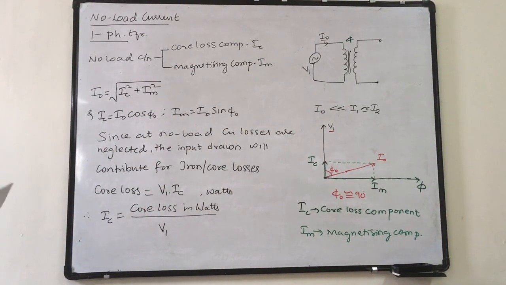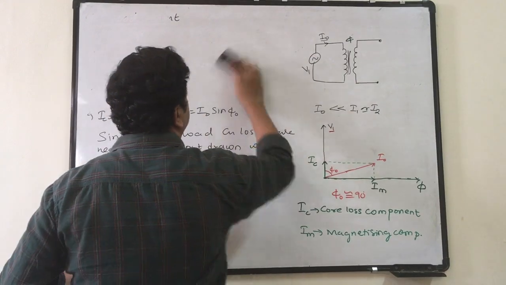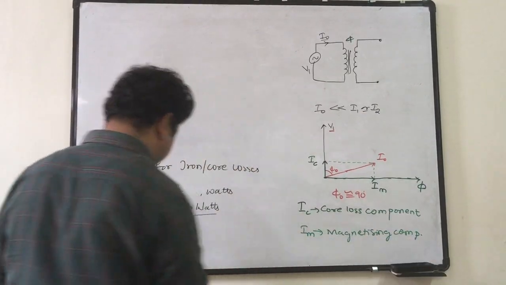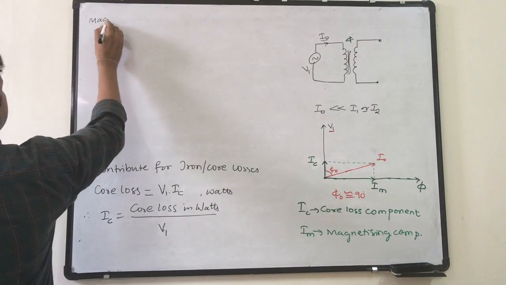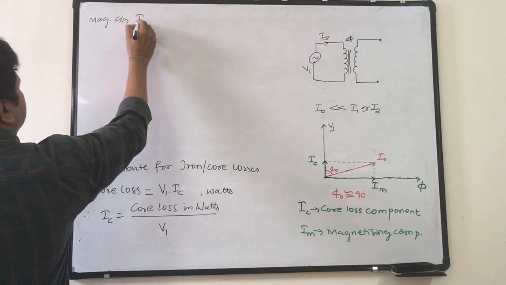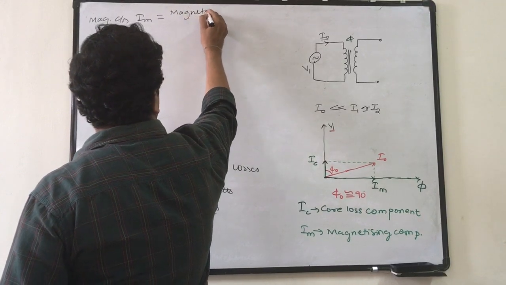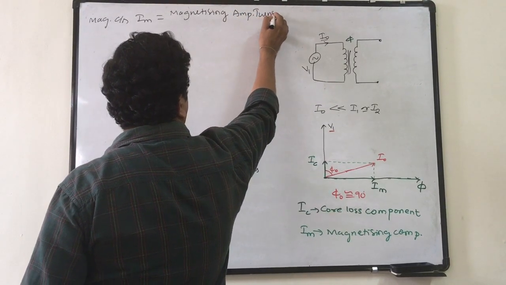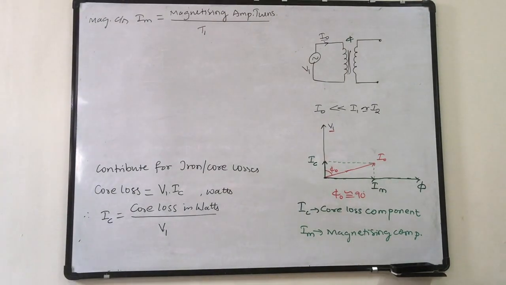Then how can I give the magnetizing current? The magnetizing current IM is equal to magnetizing ampere turns divided by T1, the number of turns in the primary.